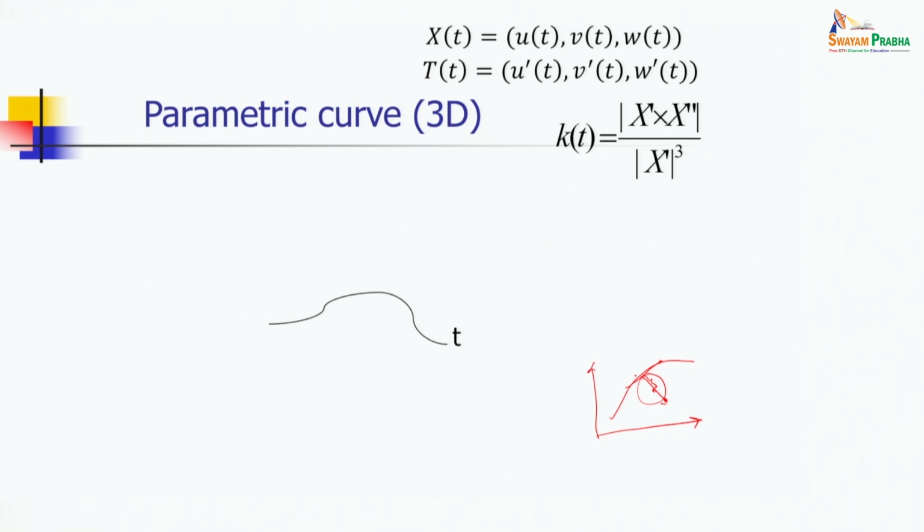So in three dimensions, we have to consider a certain plane on which this curve is lying, but as it's a three-dimensional curve, it could be folded. So it is not a planar curve, but in the limiting case, we may consider a tangent and a very small neighborhood point.